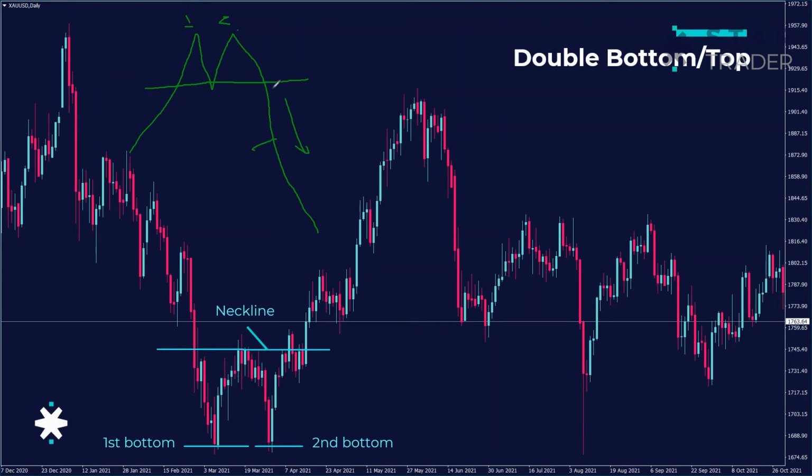This is called double top, and this is the double bottom. Clear so far? Do you have any questions about it? Perfect. We are moving to the next one.